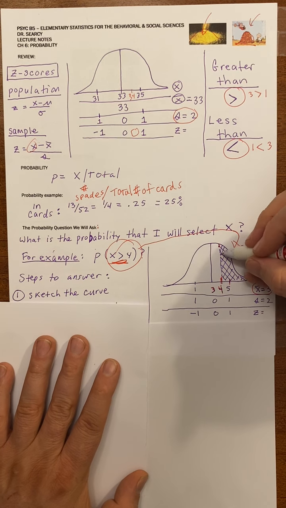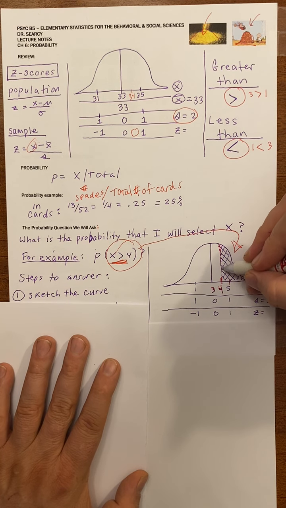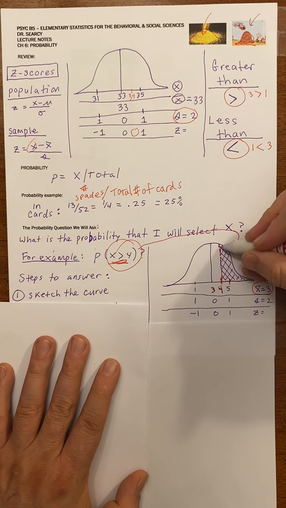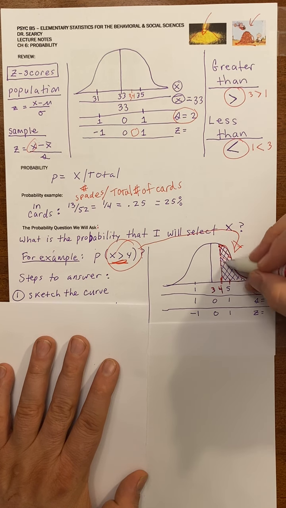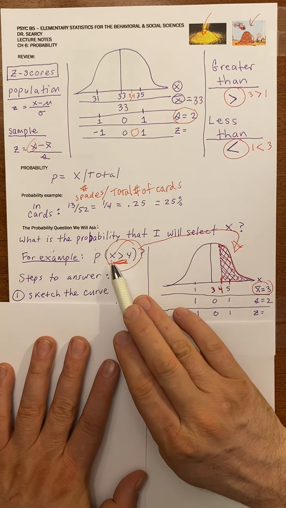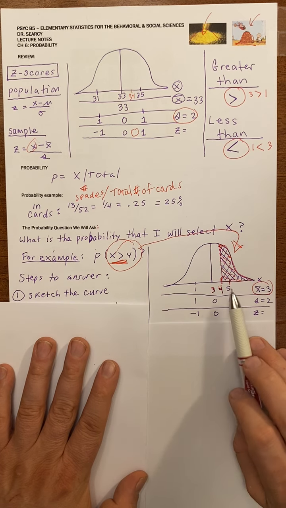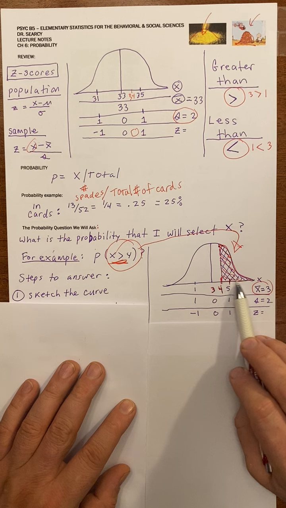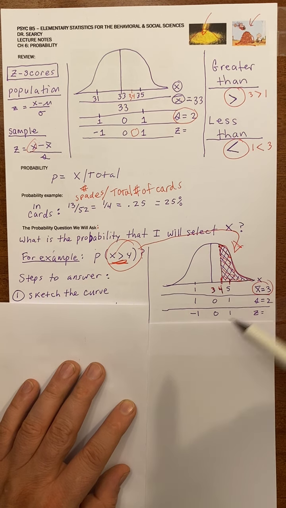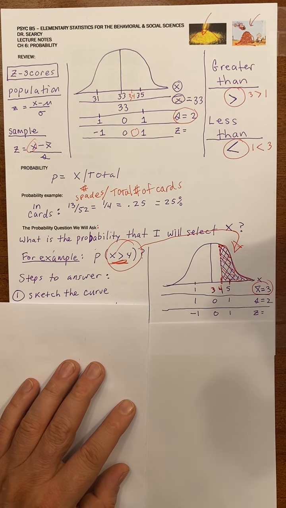We're looking for the probability that we're going to find some X value in this part of the data, this shaded part that I've got here. That's what we mean by X greater than 4. If there's 4, we're looking for the probability that there's going to be some X in here. So that's why we've got this area shaded off.